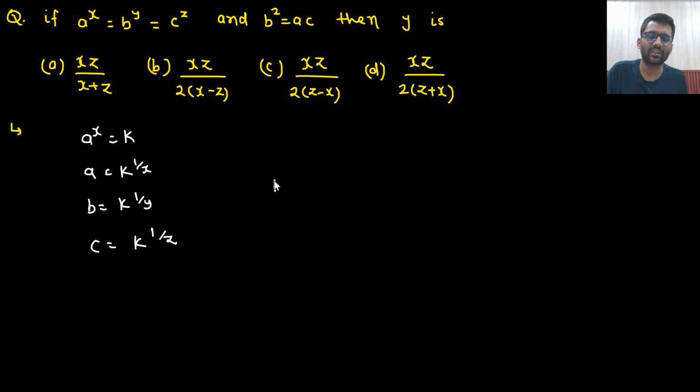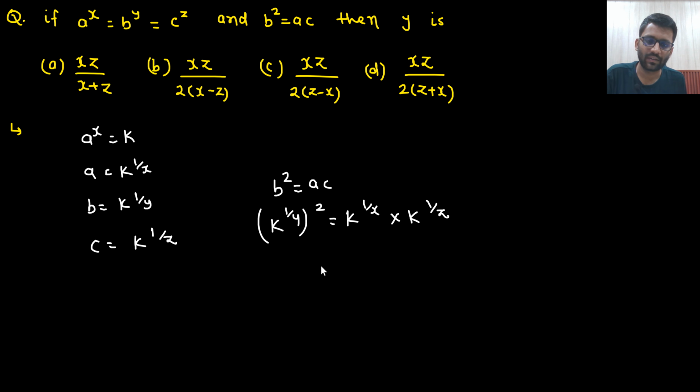What you need to find? b square is equals to ac. This is what is given. So b is k to the power 1 by y, and square of that is equals to a into c. a is k to the power 1 by x, and c is k to the power 1 by z.